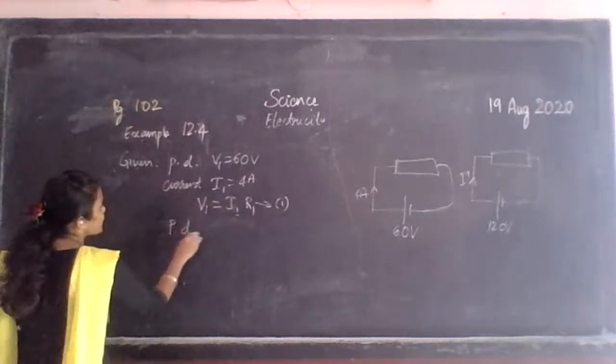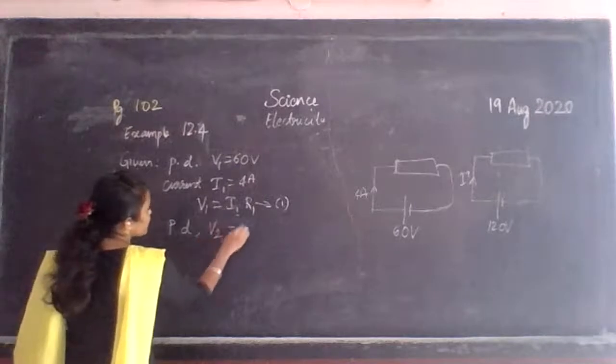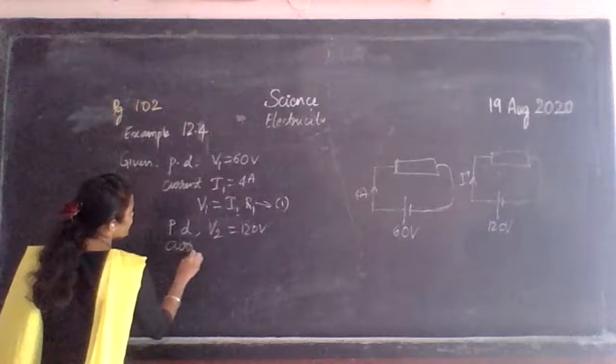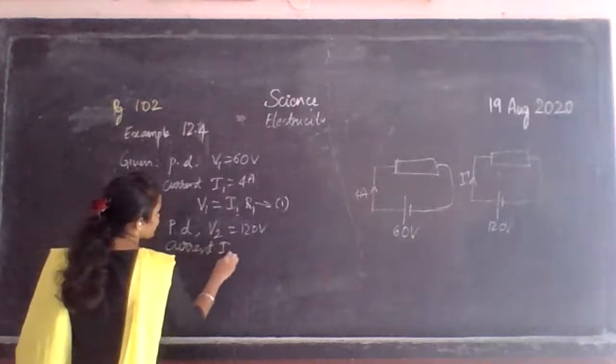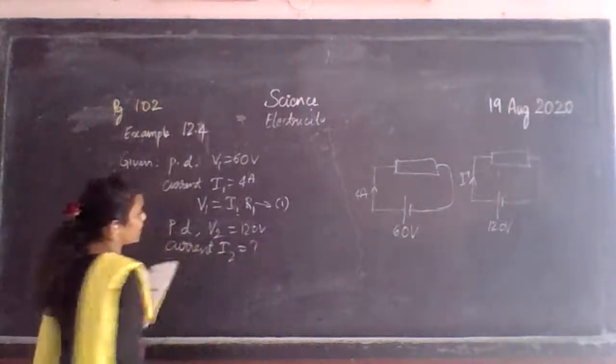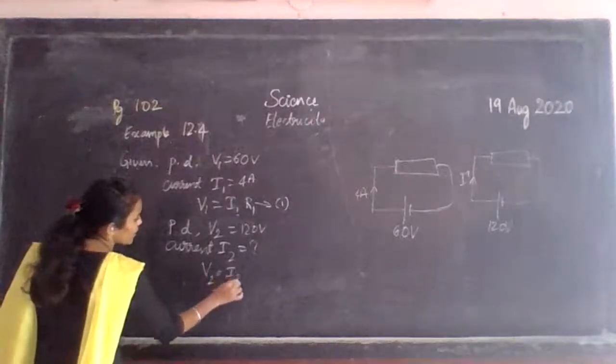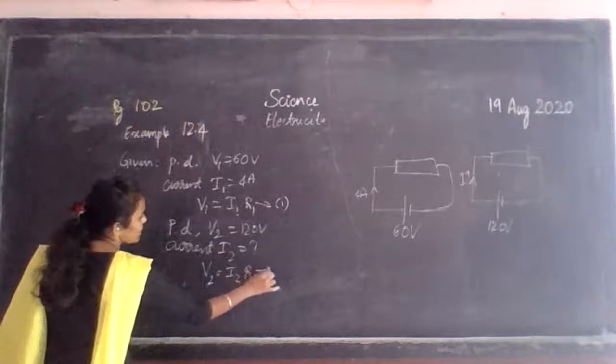Now, potential difference V2 is equal to 120 volts. Now I have to calculate current I2. This is the question mark. V2 is equal to I2 into R2. This is equation number 2.